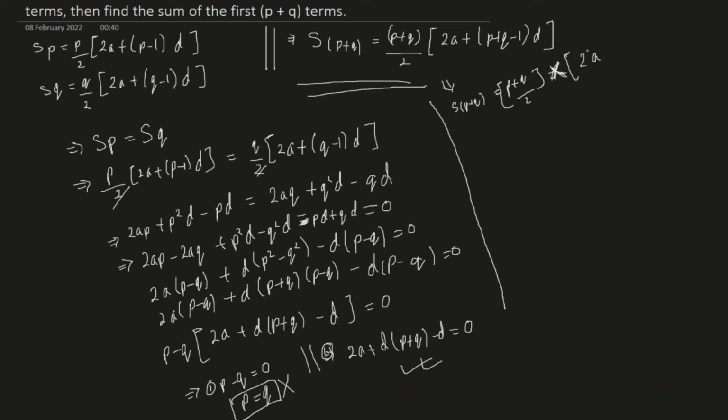Multiply. 2A plus, if we do multiplication here, we'll get P plus Q into D minus D. I just write this so that we can compare with that. So here, if you see, the same thing happens: 2A plus D in multiplication P plus Q minus D equal to 0.